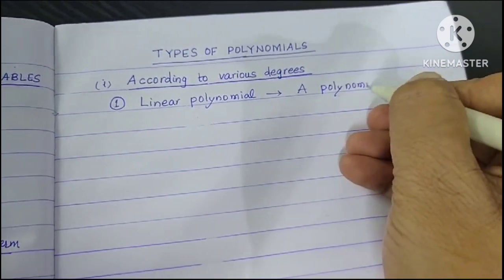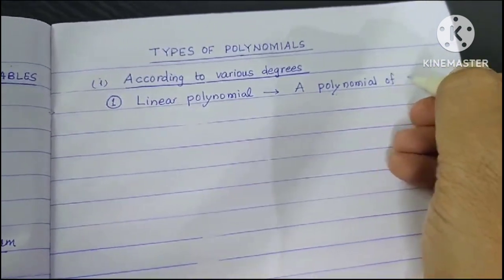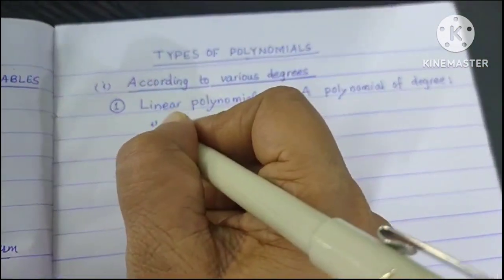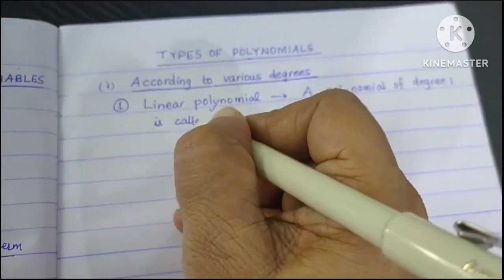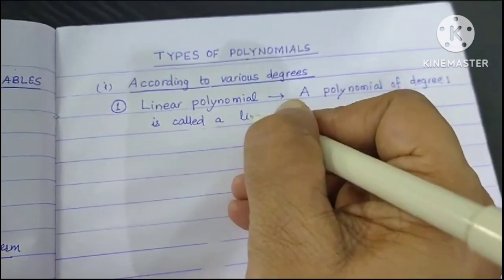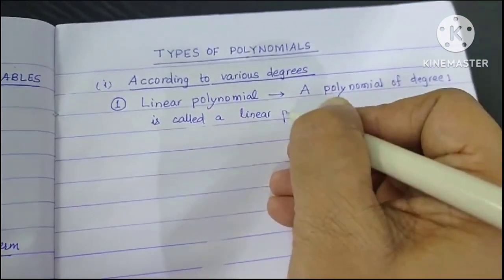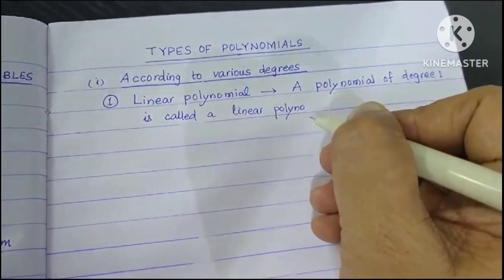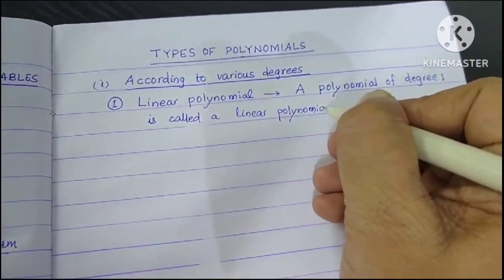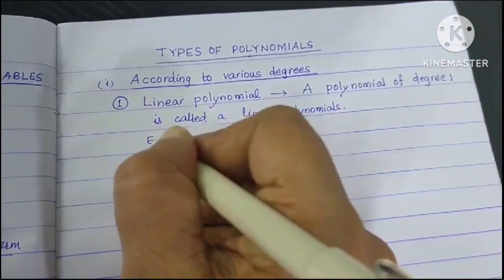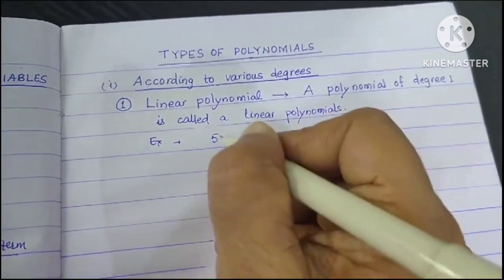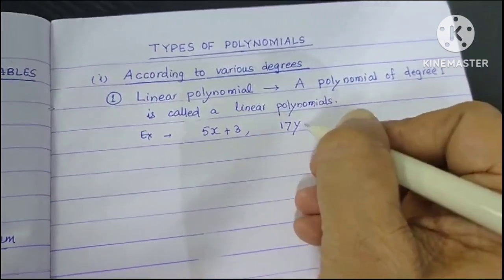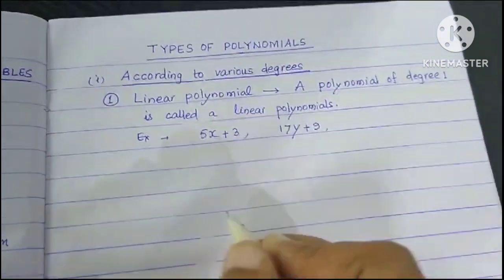A polynomial of degree 1 is called a linear polynomial. So all the polynomials having degree 1 are called linear polynomials. For example, you can write 5x plus 3, 17y plus 9.